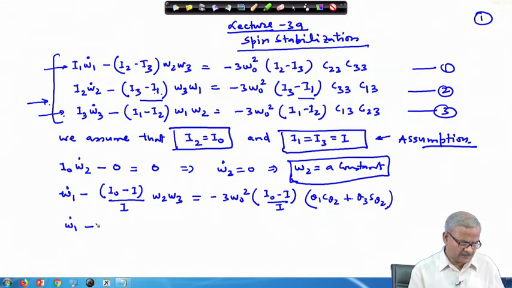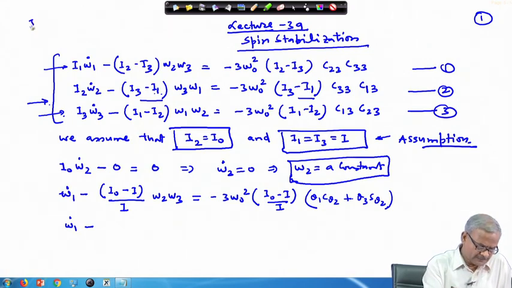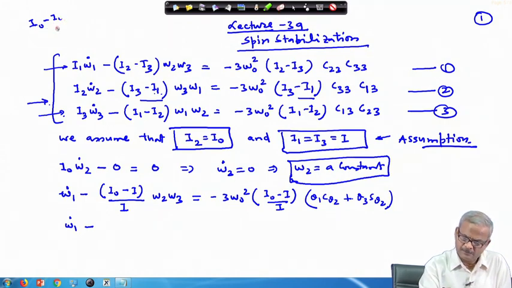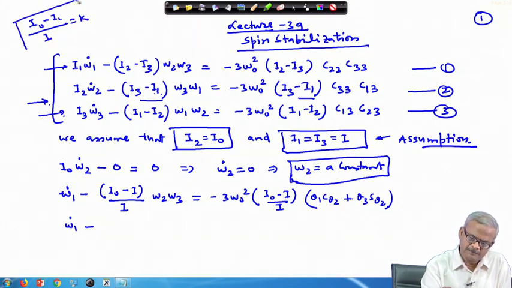And this quantity, I 0 minus I divided by I, we are going to define as k.